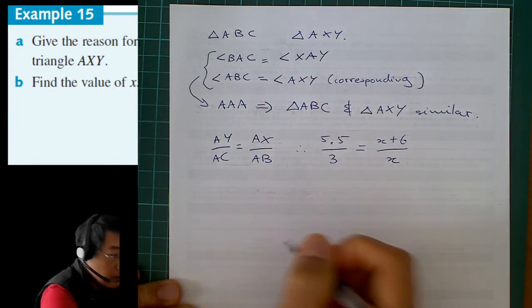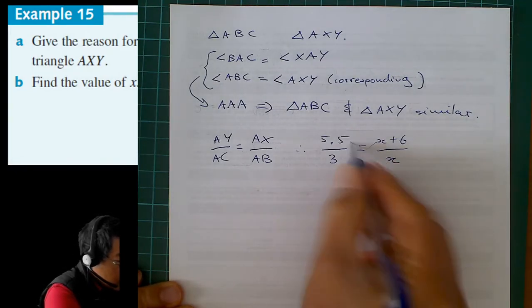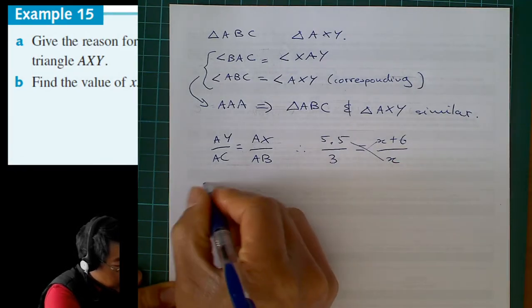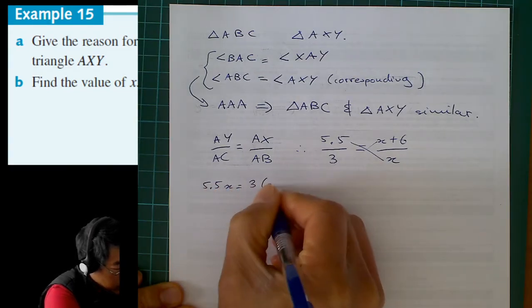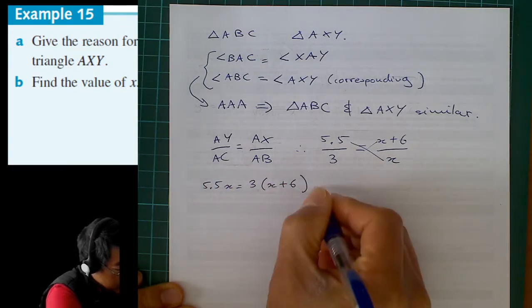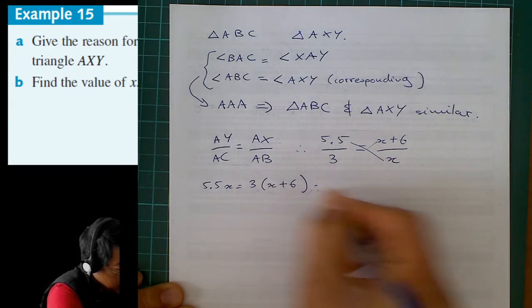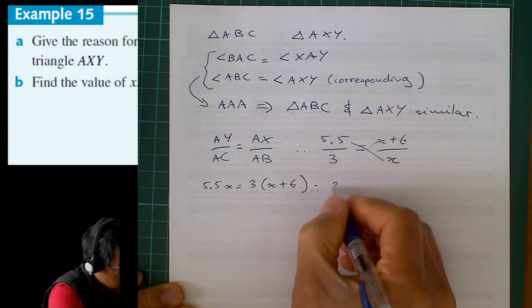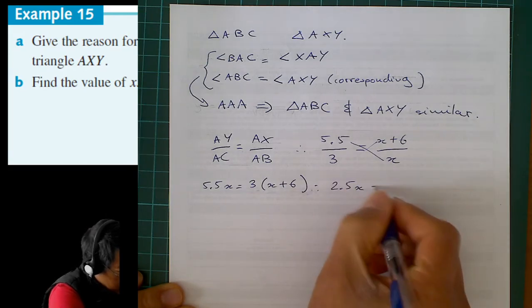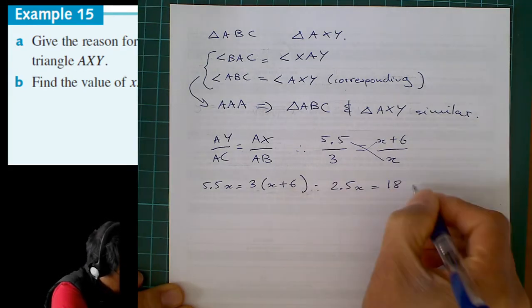So now, what I do is you can do a cross product. So that gives you 5.5x equals 3 bracket x plus 6. You expand and regroup the like terms. So that's 5.5x minus 3x, which is 2.5x, equals 18.